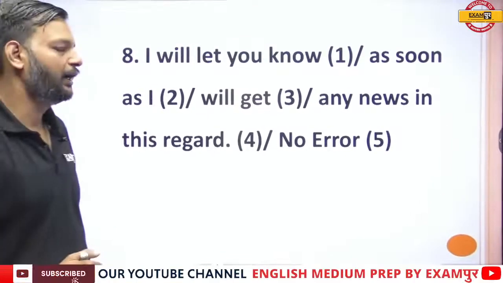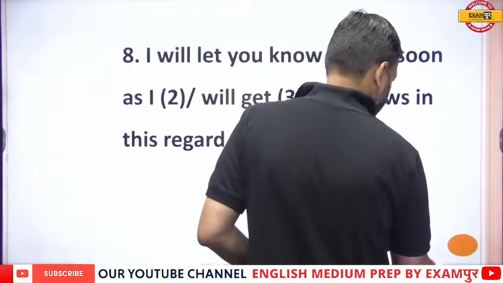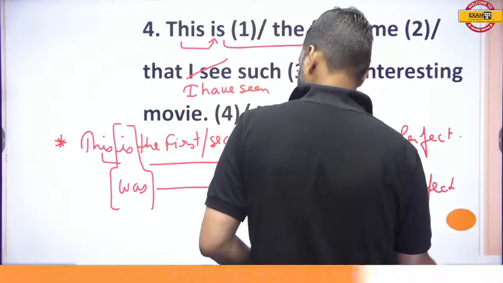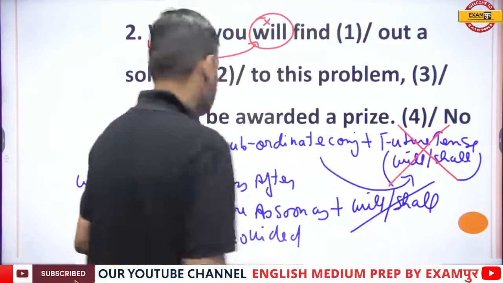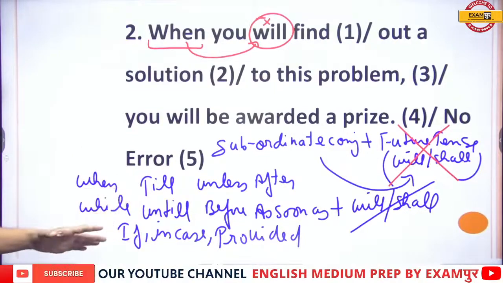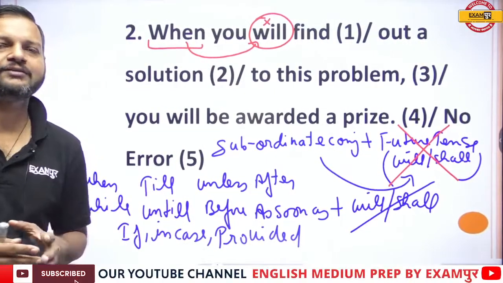Okay, so I have just told you in the previous question that a subordinate conjunction is never followed by a future tense.